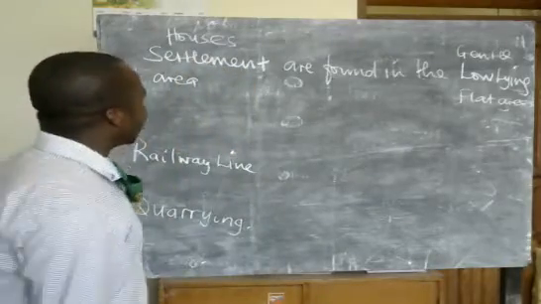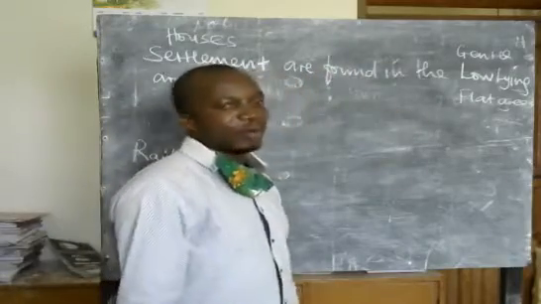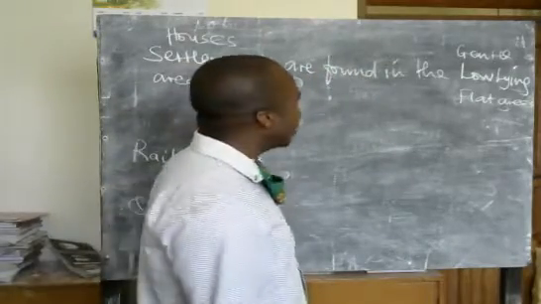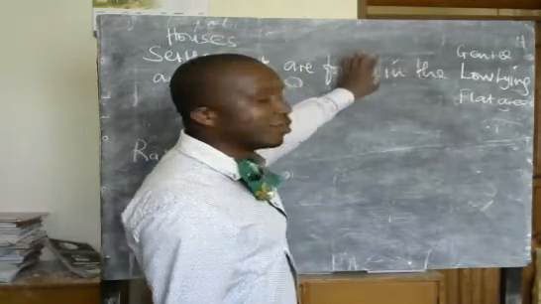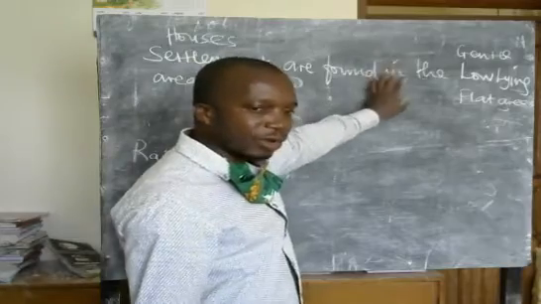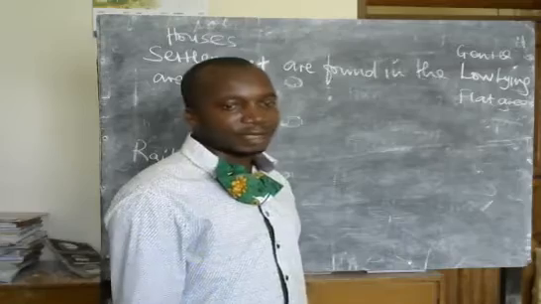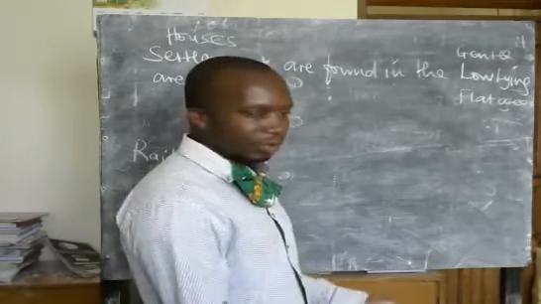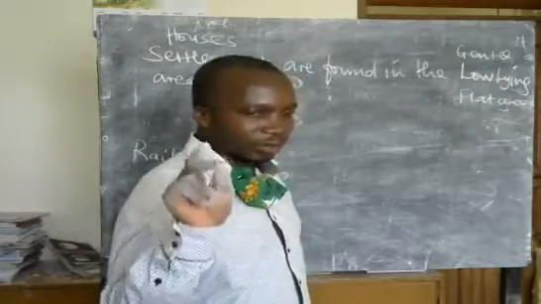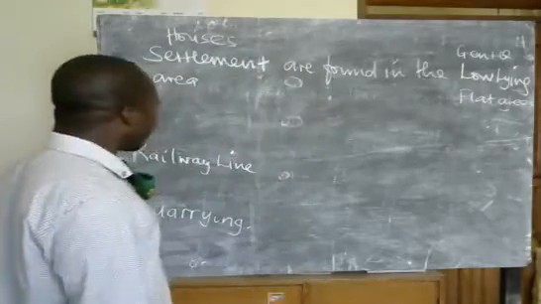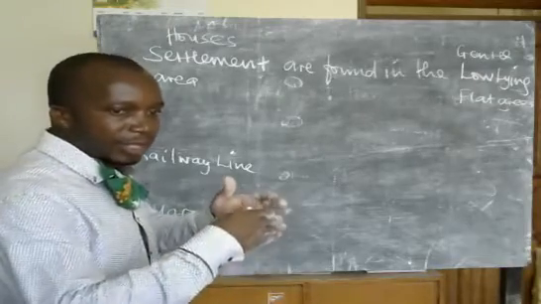Another one may say settlements are found in the low-lying area. Why? Because low-lying areas are not heavily affected by soil erosion. Mountainous areas are the ones that have a lot of soil erosion, but gentle slopes have low cases of soil erosion. So we have now given the relationship.